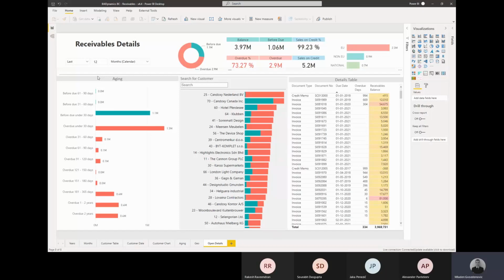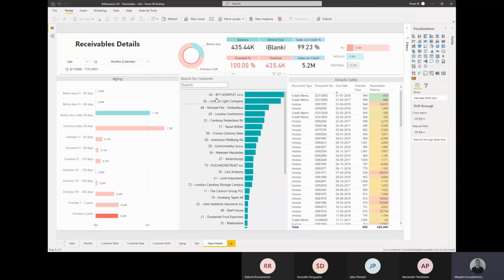Good. So this is my total structure of receivables, almost 4 million, like we have seen. And this is the distribution. Green is before due, and red is overdue. If I click here, overdue 2 years gives me the list of the customers which contribute 400,000.